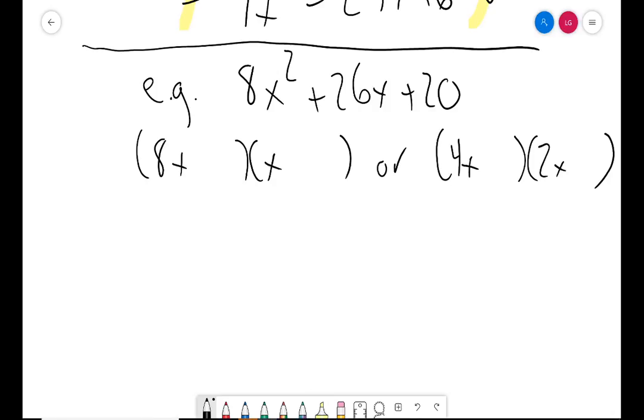So now I want to look at 20. I'm thinking, what are its factors? Well, 20 and 1, 2 and 10, 4 and 5.